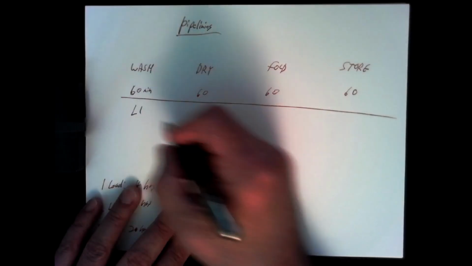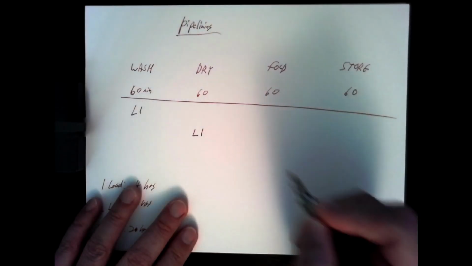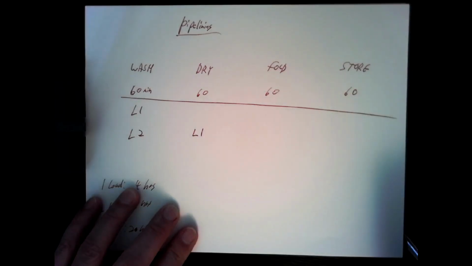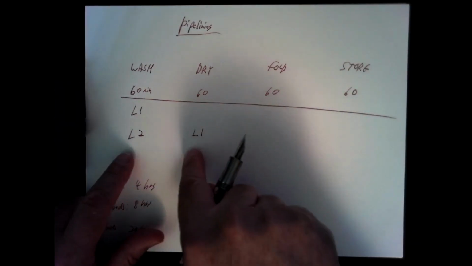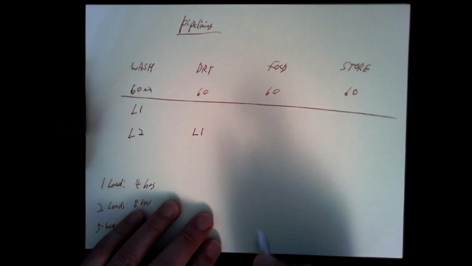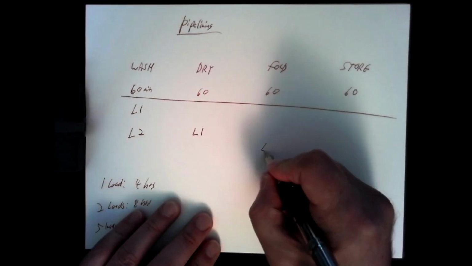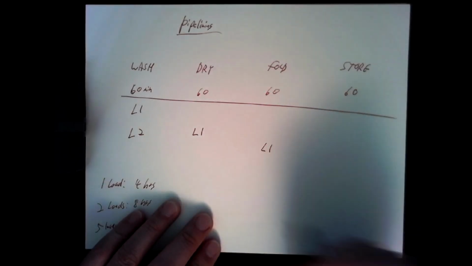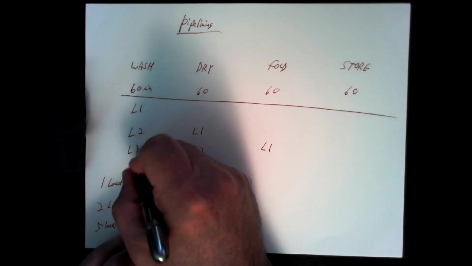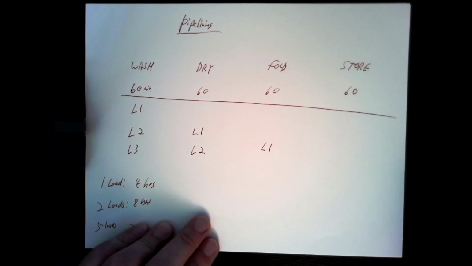After an hour, you take that first load and you put it in the dryer, but at the same time, you put your second load into the washer. You got parallelism. Alright, after an hour, this load is dry. You go ahead and you start folding this, but you also take load 2 from the wash, put it in the dryer, and you take load 3 and you start that in the wash.